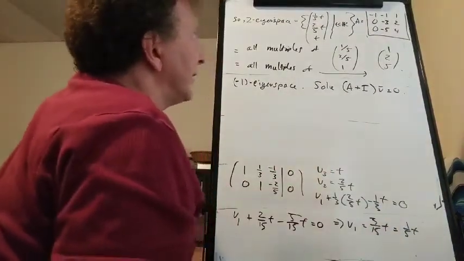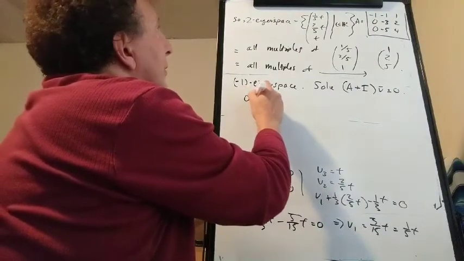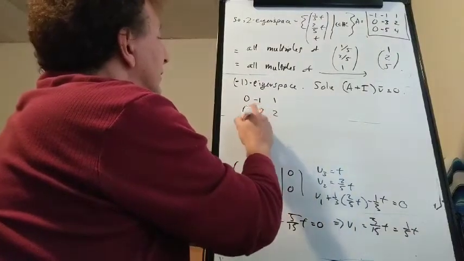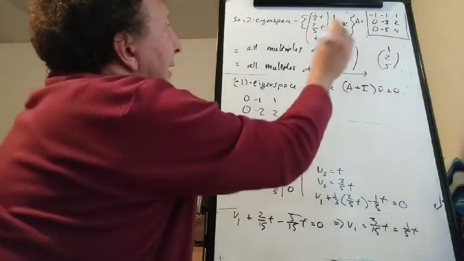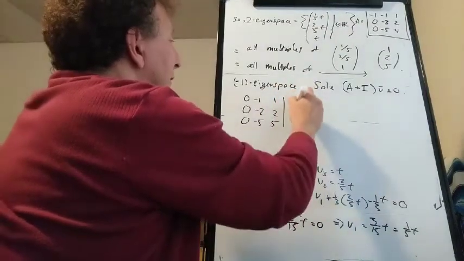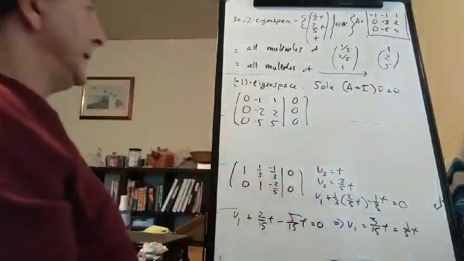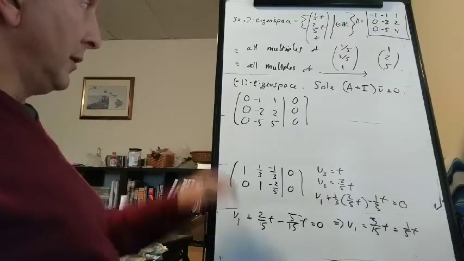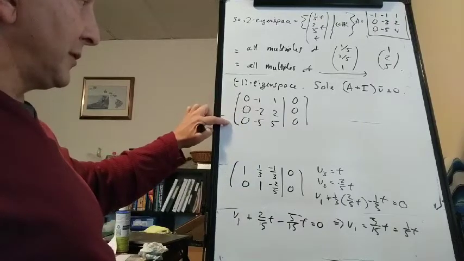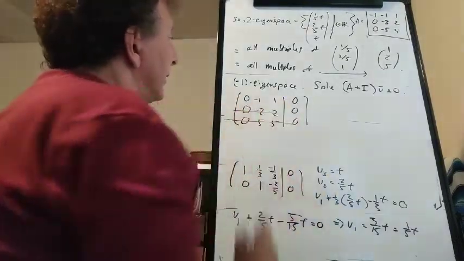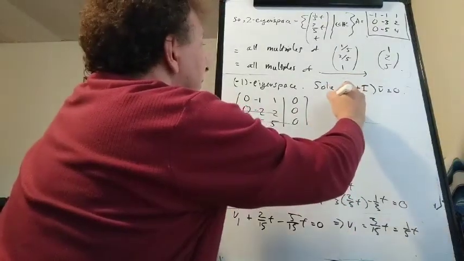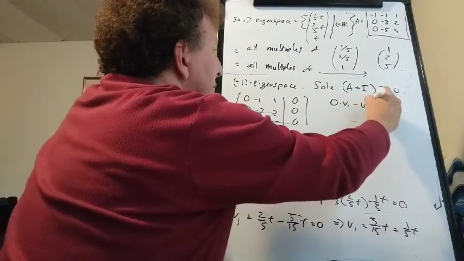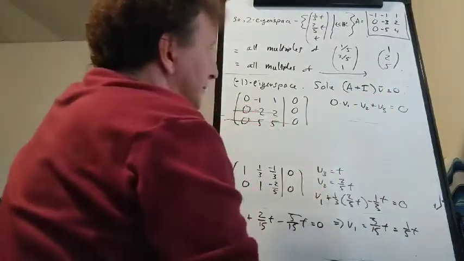Alright, so now we add 1 to the diagonal and we get 0, negative 1, 1, 0, negative 2, 2, 0, negative 5, add 1 to the 4 and get 5. Well, that's nice because we basically have the same equation 3 times. This is 2 times the first equation, and that's 5 times the first equation. So we can get rid of these, and we just have 0 v1 minus v2 plus v3 equals 0.